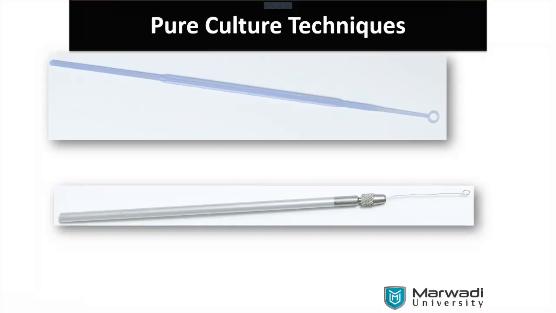Why are we using the loop? To take some suspension, a bacterial suspension or a microbial suspension out of a tube or a flask and transfer it somewhere. Either to a plate or a broth, or even a slide.